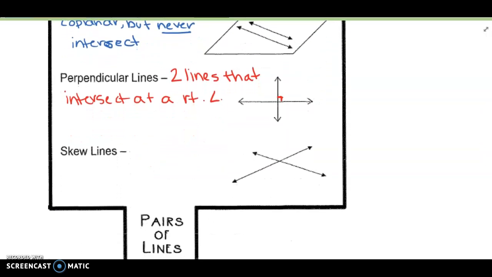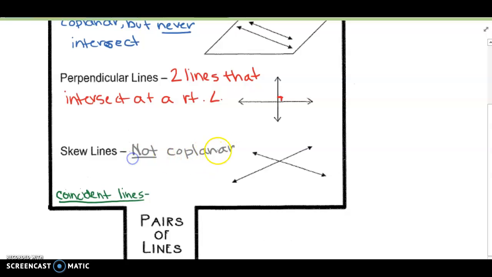All right, skew lines. Now write kind of small because we're going to add coincident lines down here, so try to keep some room after skew. So skew lines are lines that are not coplanar, and they never intersect.